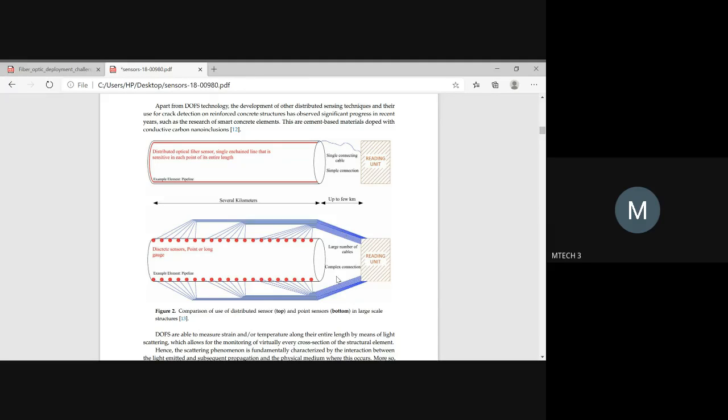For that you need a complex connection. This could be achieved by a large number of cables, and it cannot work with a single cable as in the case of distributed optical fiber technology. So this is what you have to understand.